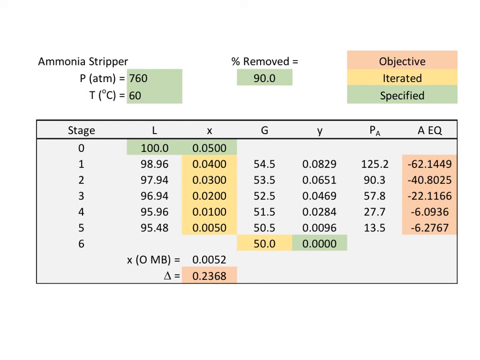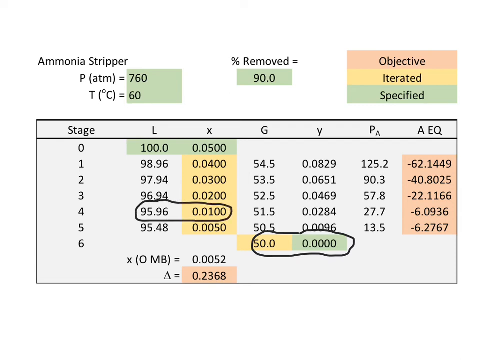The gas phase composition is determined from a mole balance of ammonia around each stage. So for instance, the ammonia coming into stage 5 is from the gas feed and from the liquid coming from stage 4.